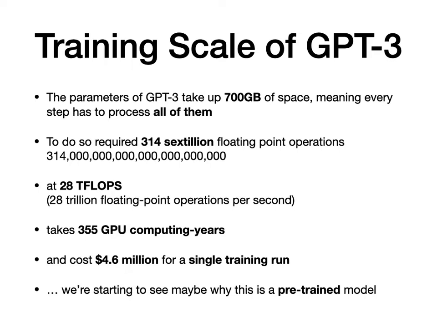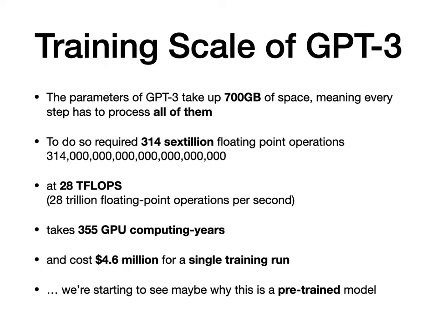So even at 28 teraflops, 28 trillion floating point operations per second, that takes 355 GPU computing years. As in, if you turned one GPU on and said, hey, do this thing, it would take 355 years to do it. You did that in parallel, of course, when they trained this model to begin with.